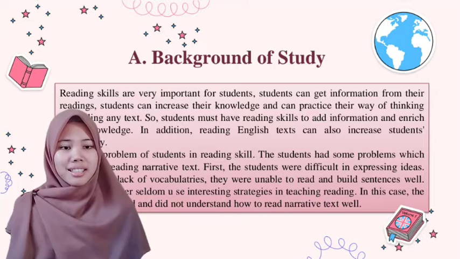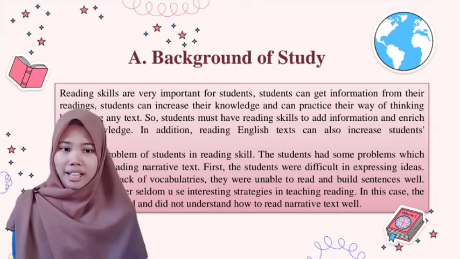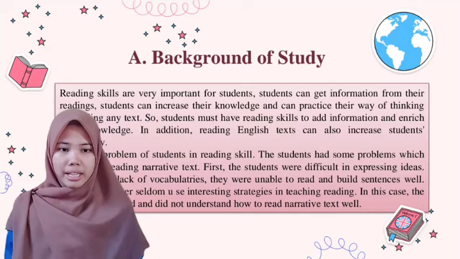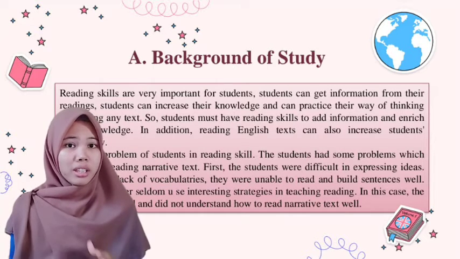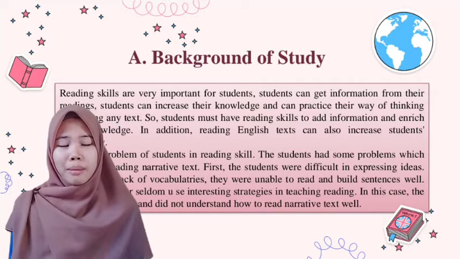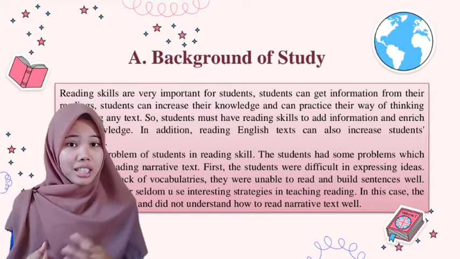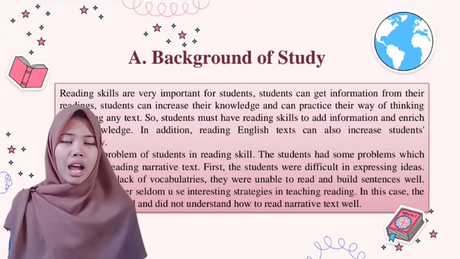There are problems of students in reading skill. The students had some difficulty in reading narrative text. The first problem is students were unable to express ideas. When the teacher gives some assignment about the narrative text, they still get confused about how to answer well.